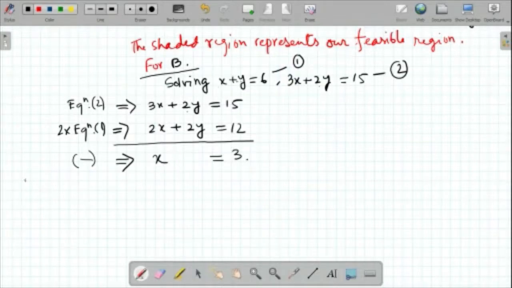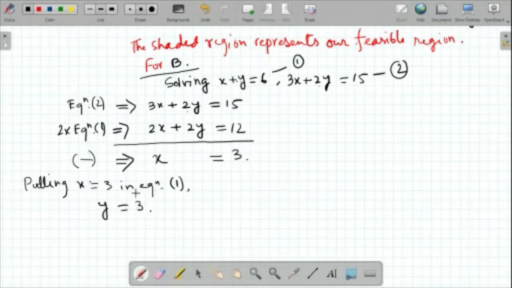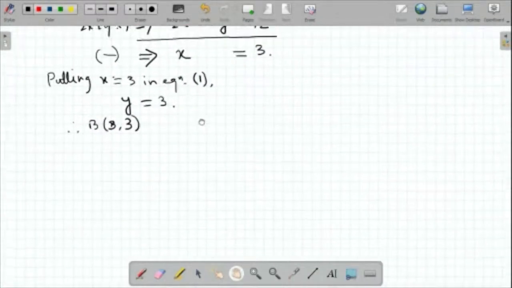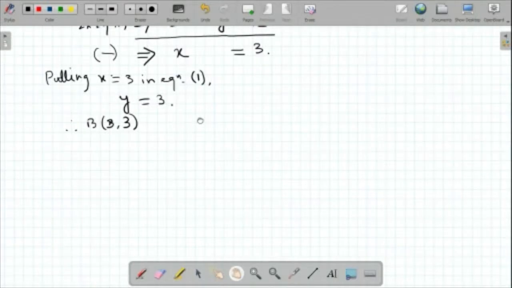Now putting x equal to 3 in equation 1, what is y? That is also 3. So therefore, what is your point B? Point B is 3 comma 3, right? Next step, we have to find the value of z.